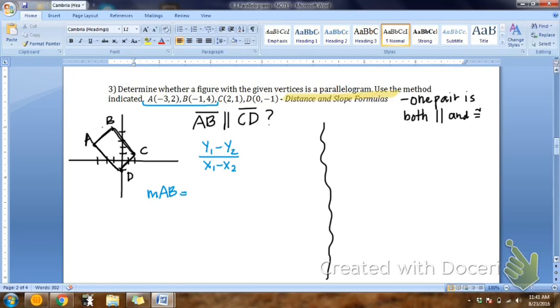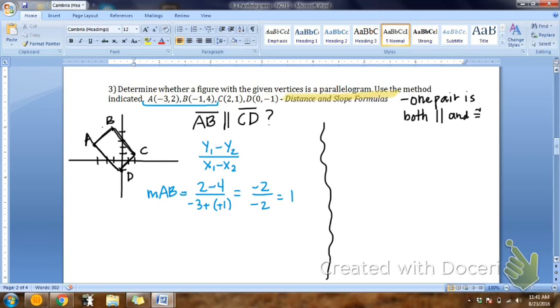Put your x's on top. Are you getting 1? Okay, so the slope of AB is 1.